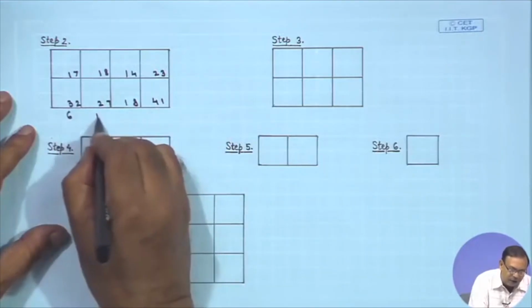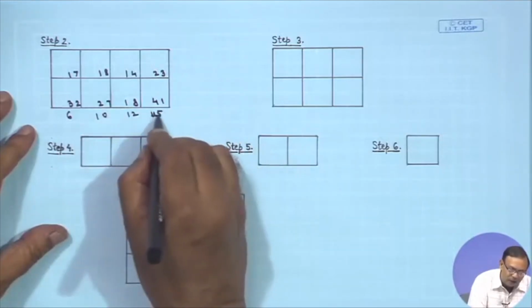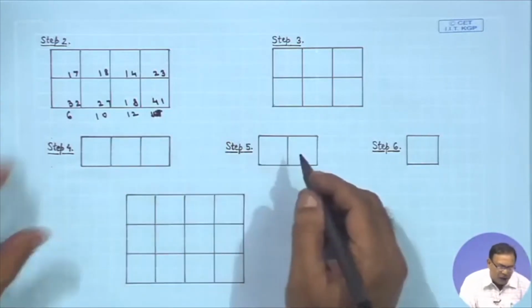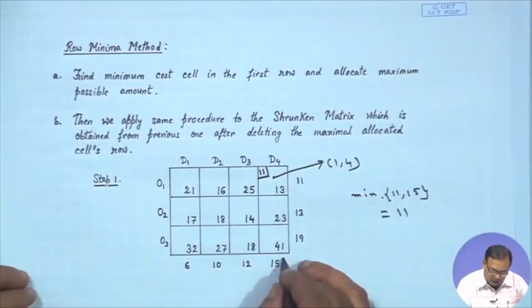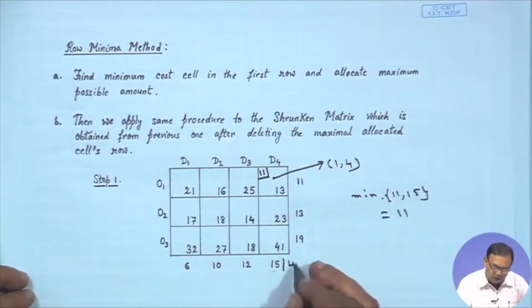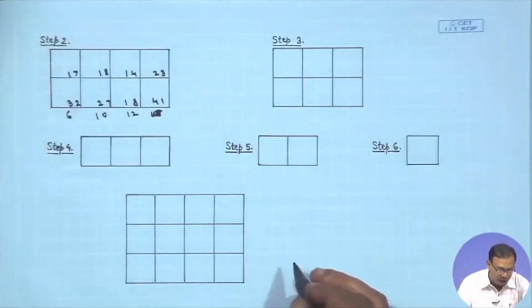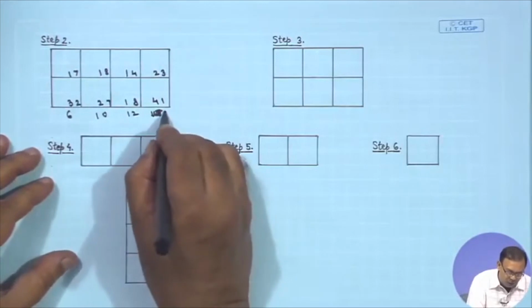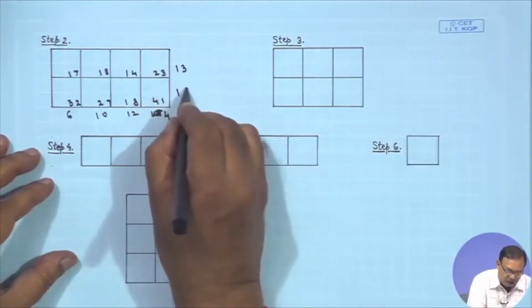Here it is 6, 10, these will not change, 12, 15, 12. In this case, from this 15 we have already allocated 11, so the remaining will be 4. Please note this, the remaining will be 4, and here both are 13 and 19.